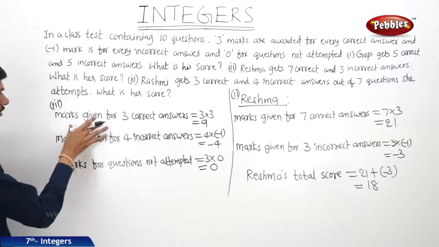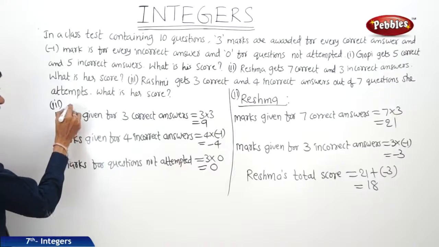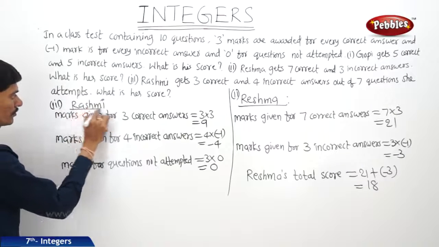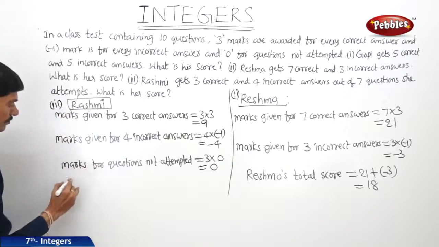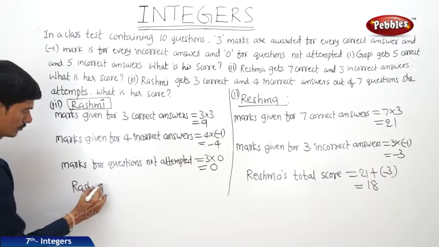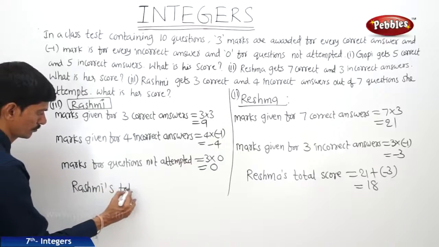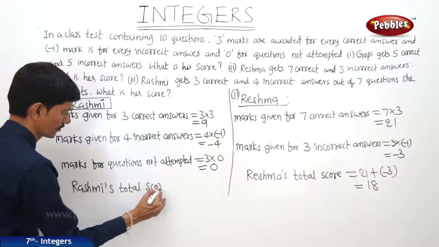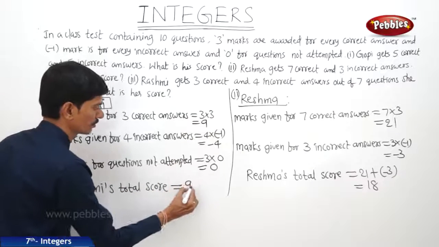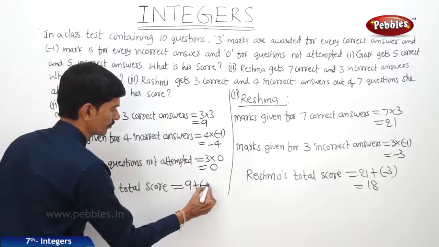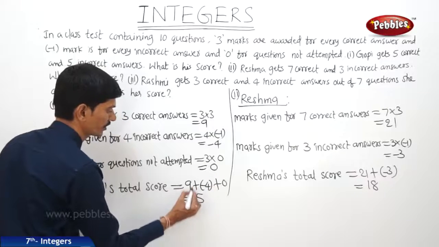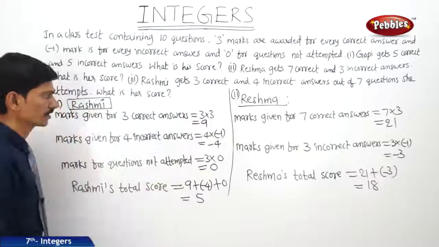Now let us find Rashmi's total score. That means total score equals 9 plus minus 4 plus 0, equals 9 minus 4, 5. So she got 5 marks in her test.